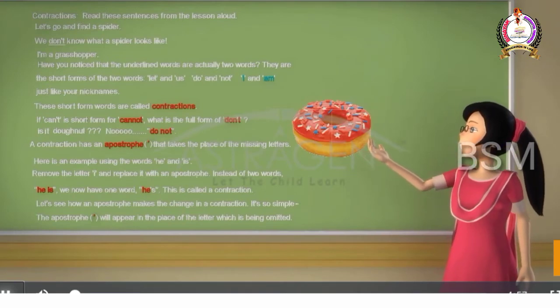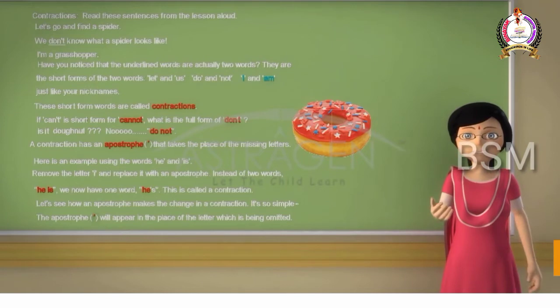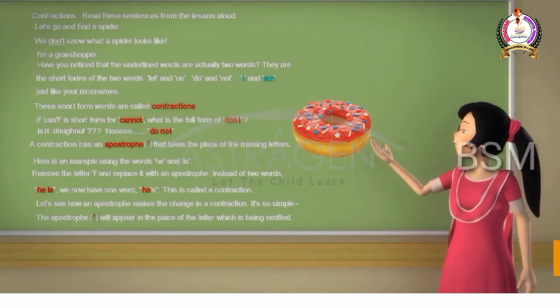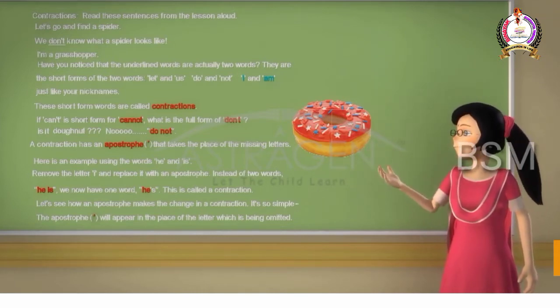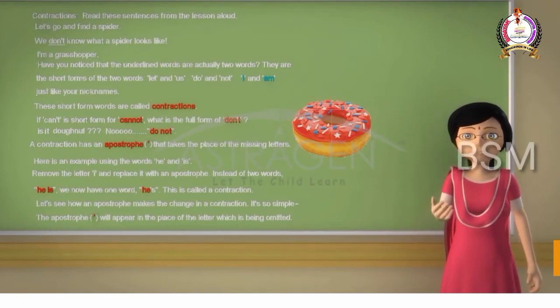Read sentences from the lesson aloud. Let's go and find a spider. We don't know what a spider looks like. I'm a grasshopper. Have you noticed that the underlined words are actually two words?